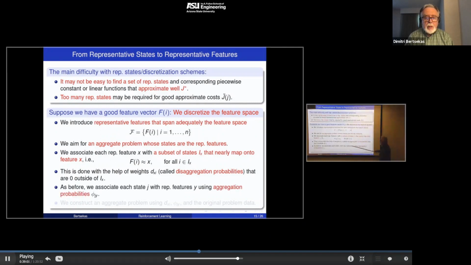They roughly say how close the state i is to the representative feature x. We also consider aggregation probabilities, interpolation coefficients, for passing from the aggregate to the original cost function. And we construct an aggregate problem using the representative features, the phi's, the aggregation coefficients, and these additional coefficients that relate features with states.